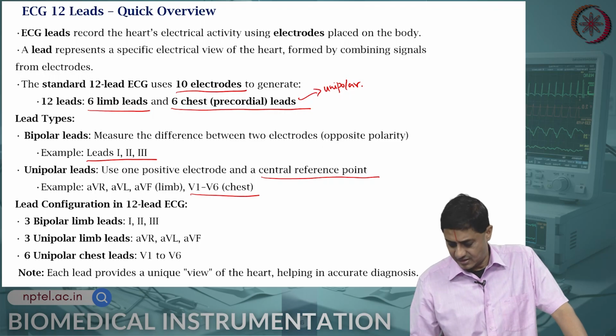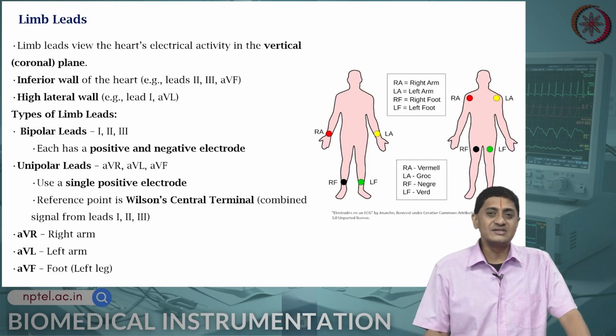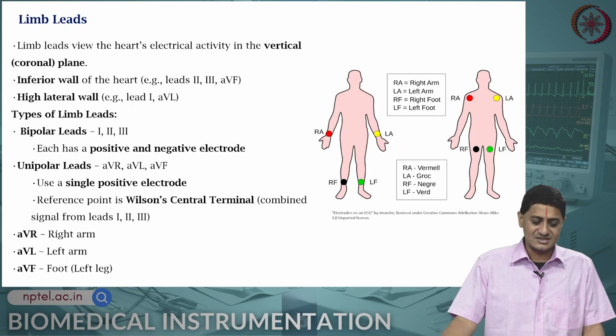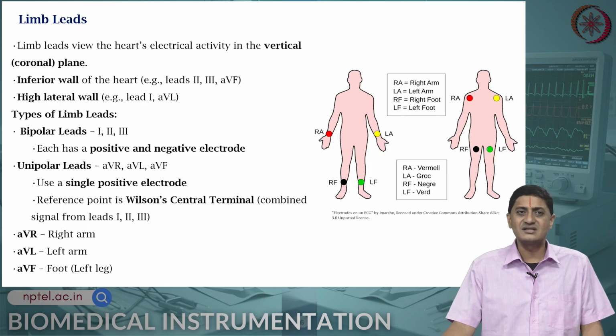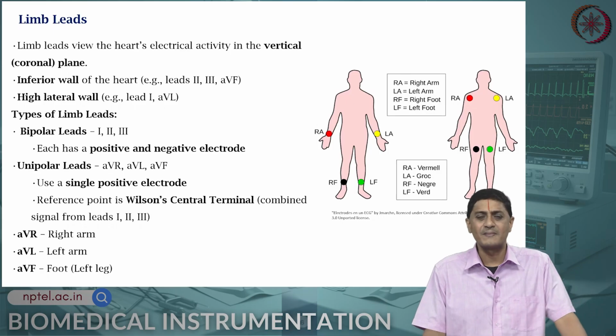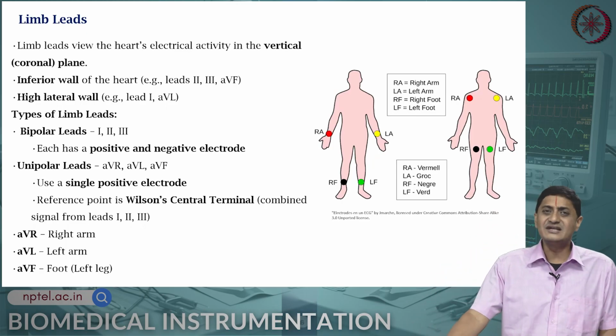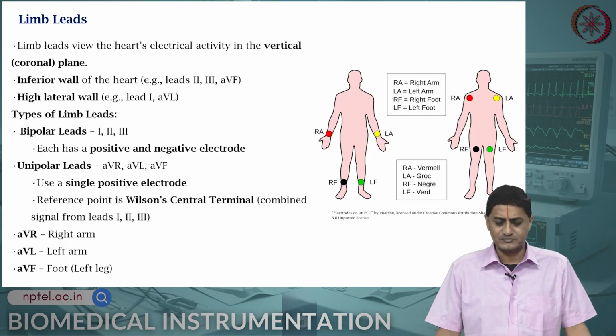So, what do these leads represent? Let us first look at the limb leads. The limb leads record the heart's electrical activity in the vertical plane, the coronal plane.